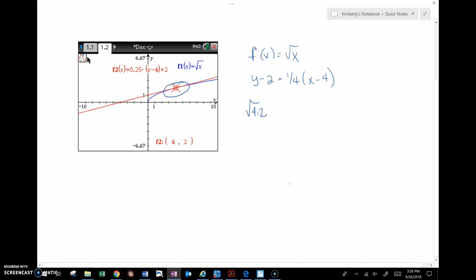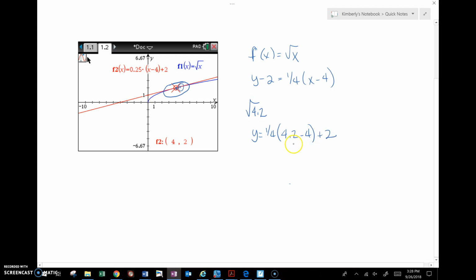So here is the point 4.2, square root of 4.2 is on the blue curve, and if you plug 4.2 into the line, you're not going to see much error. So once you have the equation of the tangent line, you just go y equals 1/4 times (4.2 minus 4) plus 2.